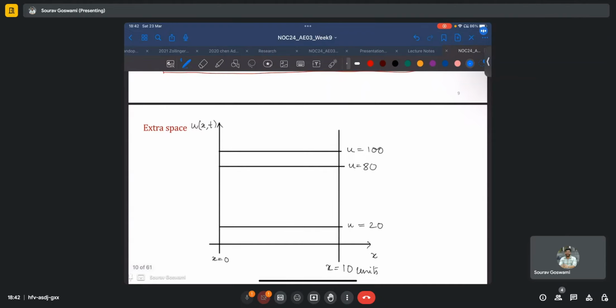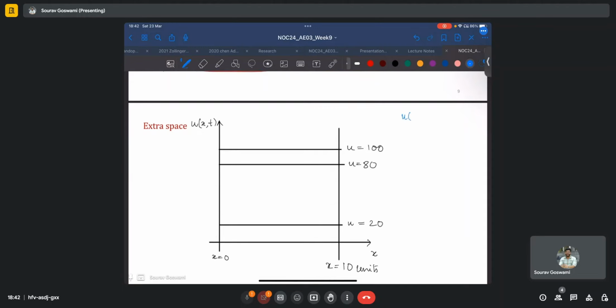Now, at the very beginning, at t equal to 0, the initial condition given to us is that u at x comma 0 is 10x. So at t equal to 0, the temperature distribution should be linear. And this will simply be a straight line joining the origin to this point.